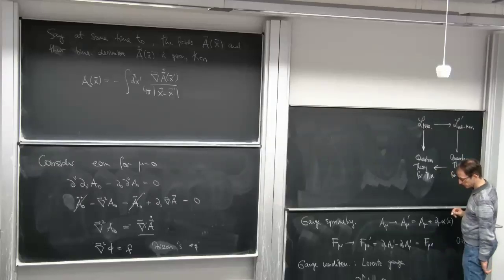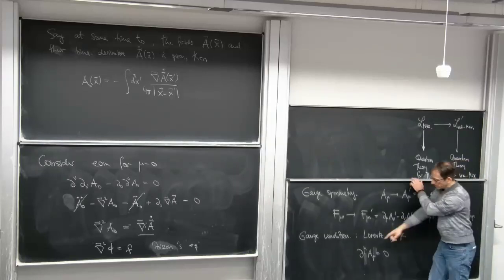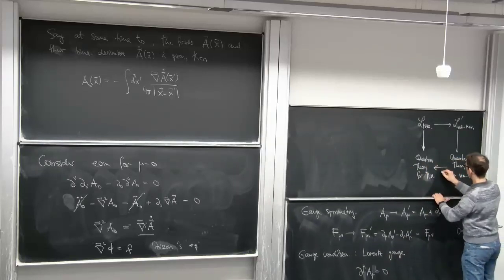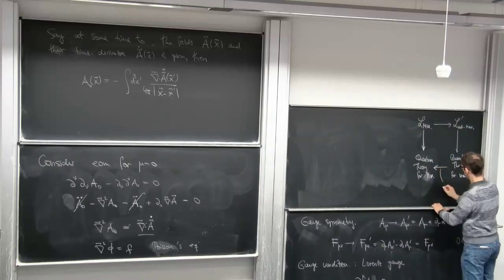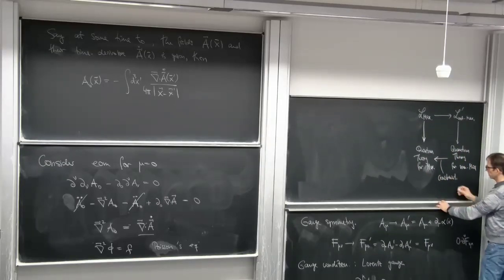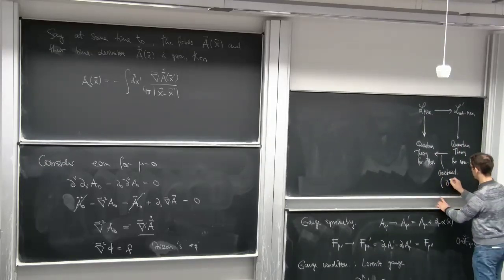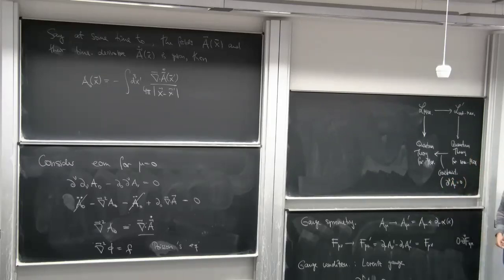Let's call this the constraint. Well, we'll do it at the operator level, so we'll have a hat on it. And here I'll call this constraint, which is this. Here we are quantum, so we have operators, and then we impose this, and then we have a quantum theory.